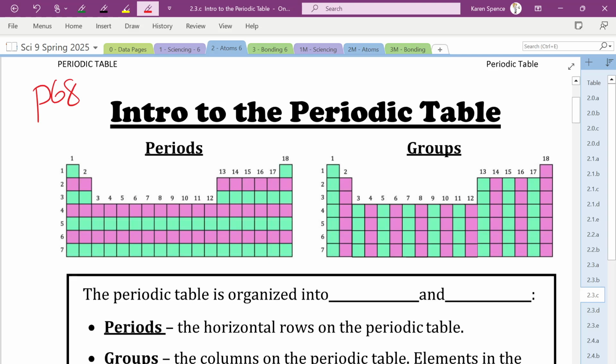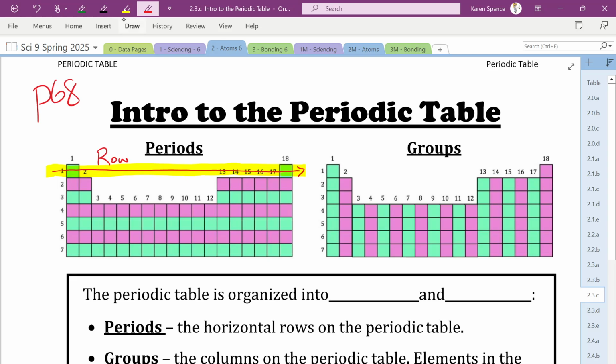So, the first thing that we need to learn is, what do we call a row? This is a row. Okay, horizontal is a row. And those are called periods. Okay?